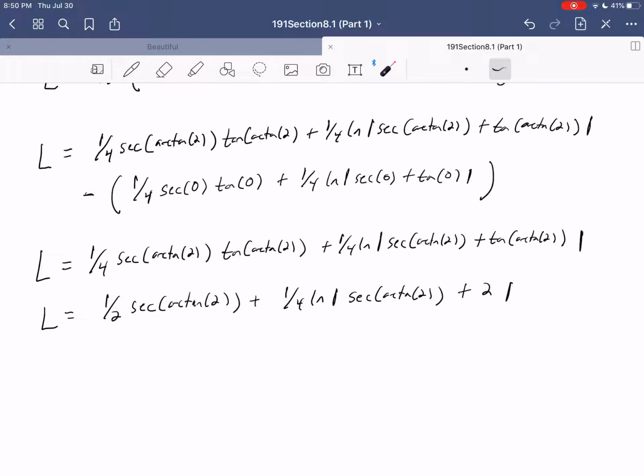So we get 1/2 times the secant of tan inverse of 2, and then plus 1/4 times natural log of secant.